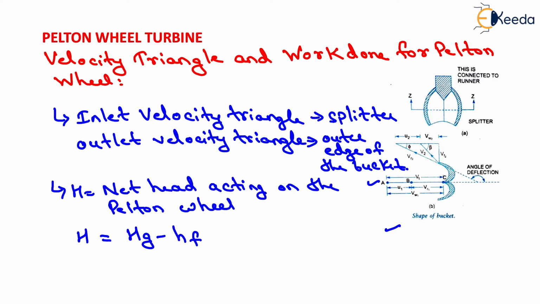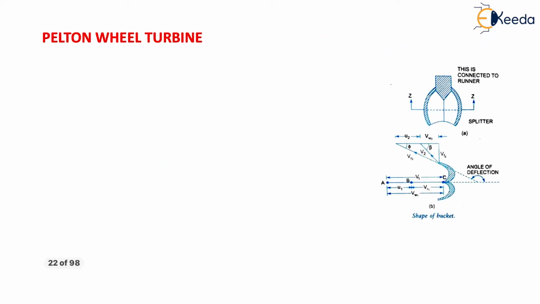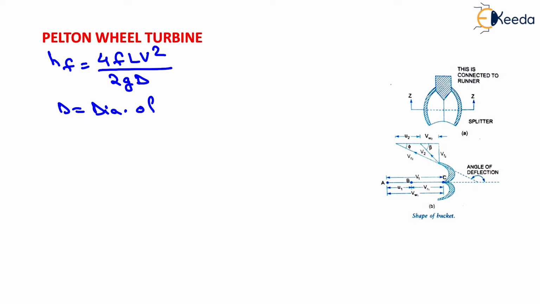Now we know that the head loss due to friction is equal to fLV square upon 2gD. So we will write it as Hf equals 4fLV square upon 2g into D star. Here, d star is the diameter of penstock, N is the speed of the wheel in rpm.